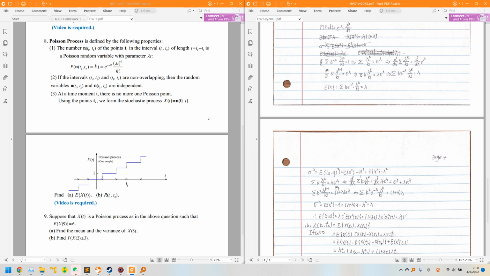And we need to find the expectation of X squared, and we use a similar approach.